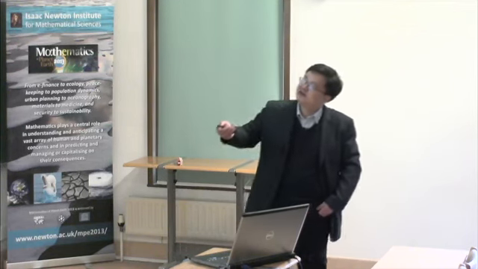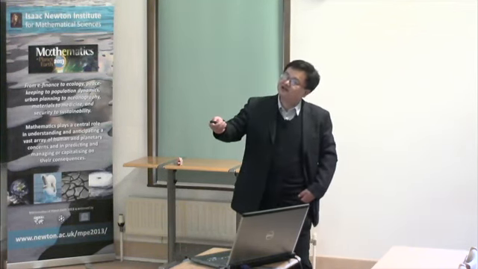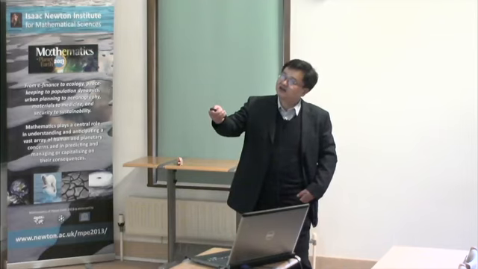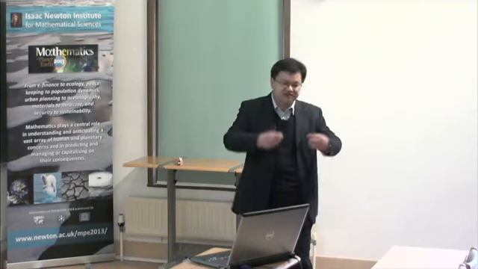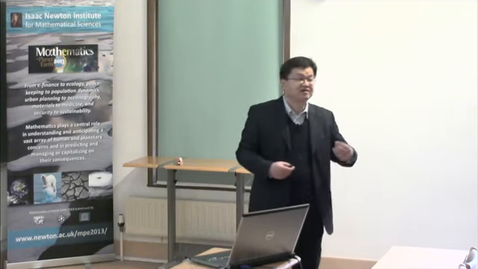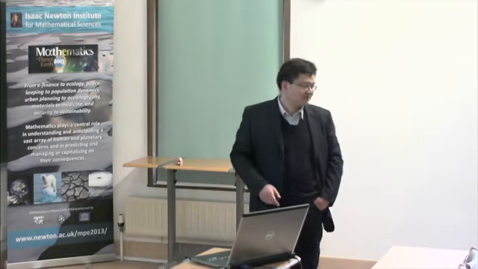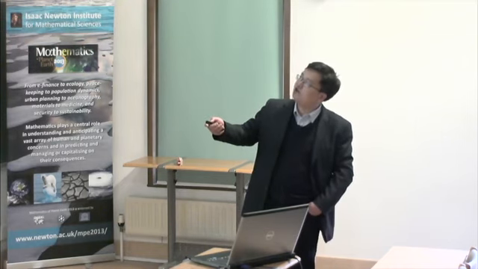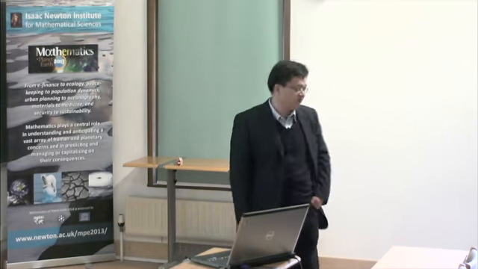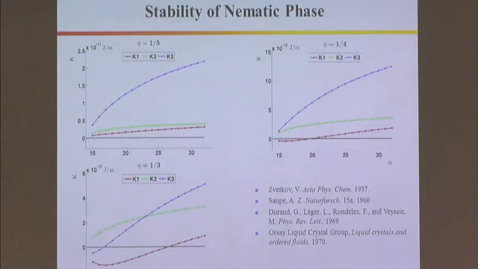An interesting thing: if it is 1/5, K1 and K2 change in size. So when eta is 1/4, at that time K1 is negative. It means in that case the nematic phase loses stability.